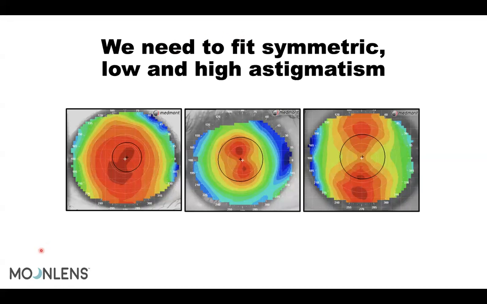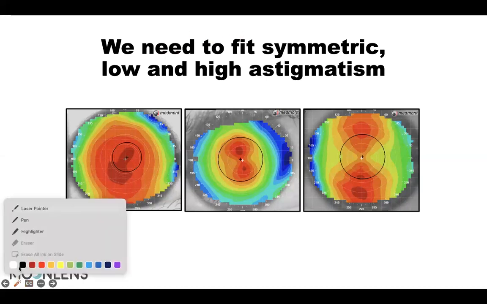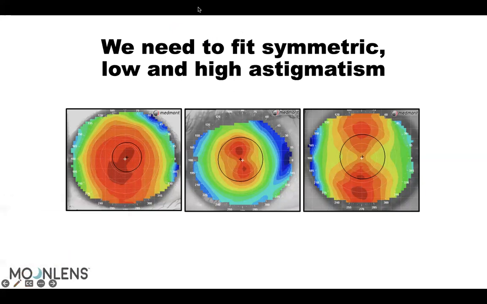That would be great. Don't be shy, just go ahead and answer whatever you think. You can say the right one is going to need a symmetric lens, the center one is going to be a toric, or the left one is going to be symmetric as well. So what do you think?